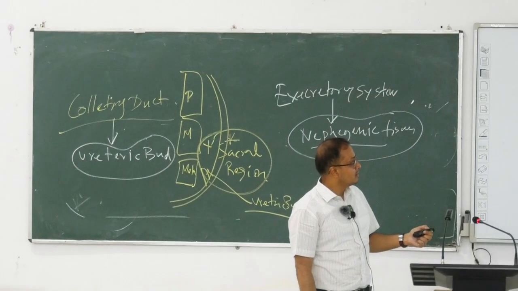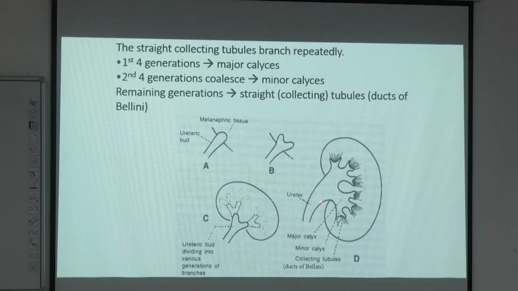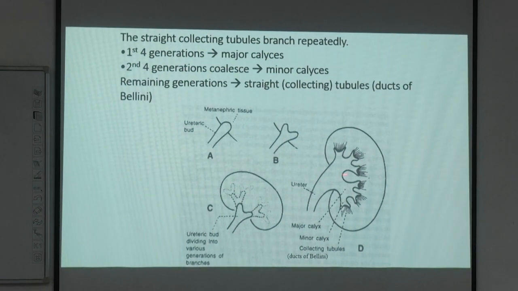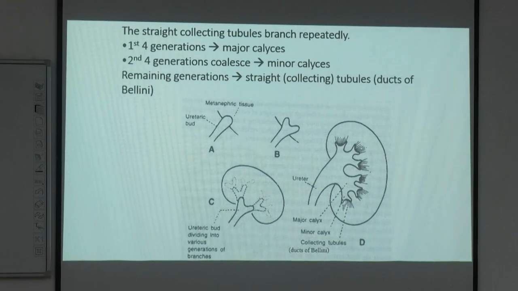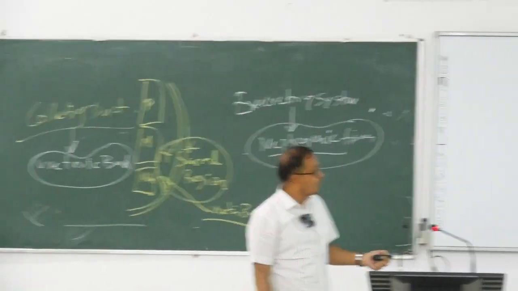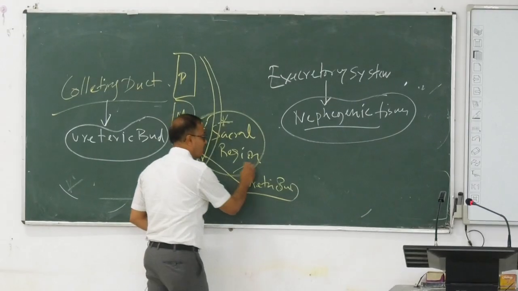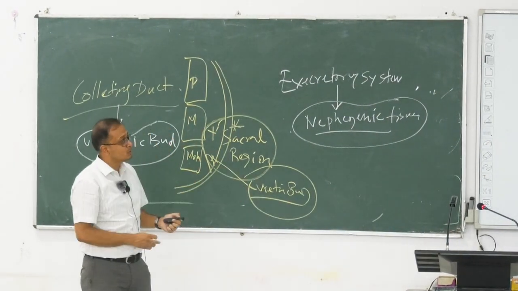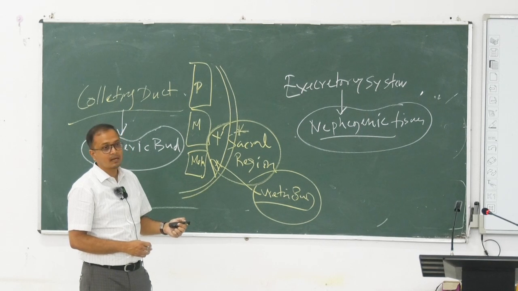So the ureteric bud grows into the metanephric tissue, splits into branches and forms the ureter or renal pelvis, then grows into major calyces, minor calyces, and then into the collecting ducts. So the ureteric bud, developing from this out pouch which grows into the nephrogenic tissues, grows into the collecting duct system.